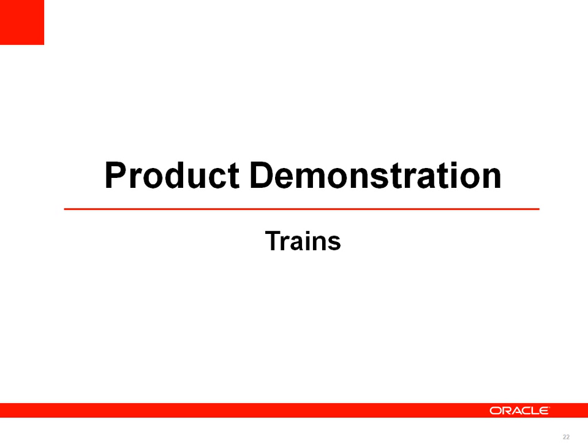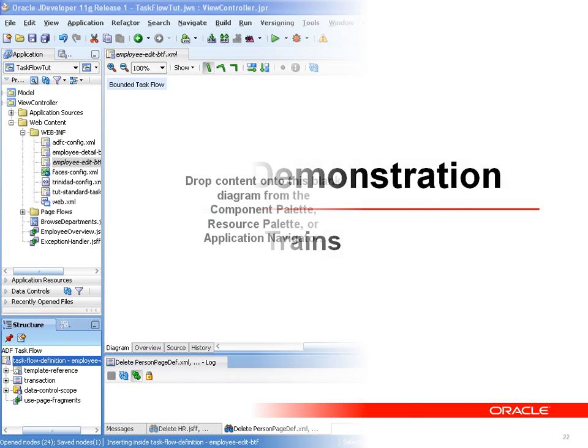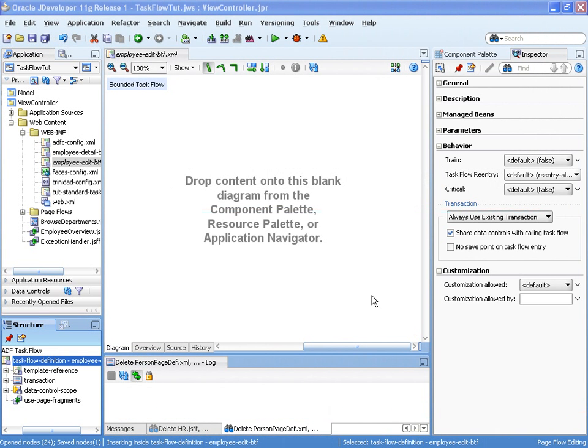So let's have a look now in our employee edit bounded task flow at how trains are configured and set up, so that in the page you see the train stop or the train button bar rendered. As mentioned, to expose a navigation path in the bounded task flow for use in a train or a train button bar component, I need to set the train property to true.